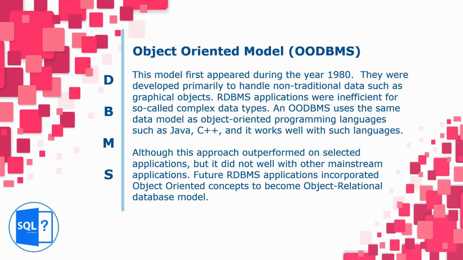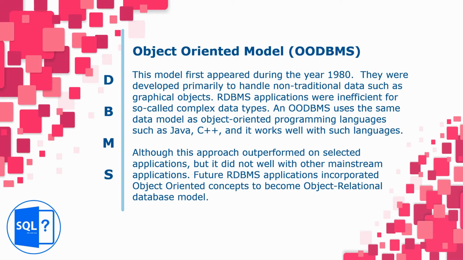Object-oriented model. This model first appeared during the year 1980. They were developed primarily to handle non-traditional data such as graphical objects. RDBMS applications were inefficient for so-called complex data types.